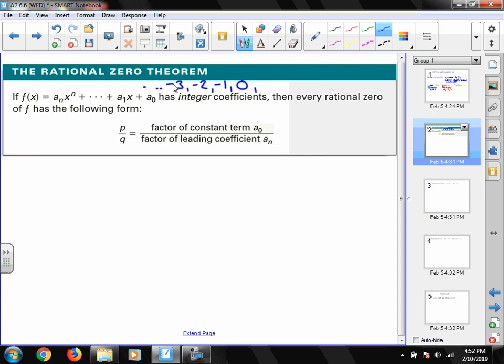It includes 0, 1, 2, 3, and so on, but no fractions, no decimals, none of that, then every rational zero is going to have the following form: factors of the constant term, so the last piece in standard form, divided by factors of the leading coefficient, the number in front of our biggest exponent.